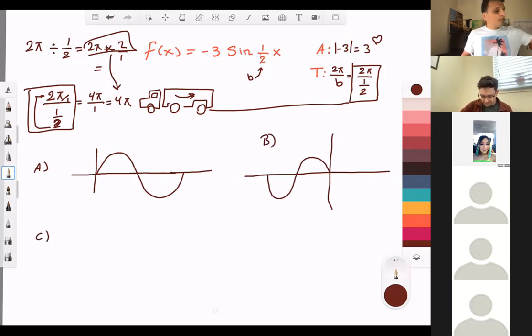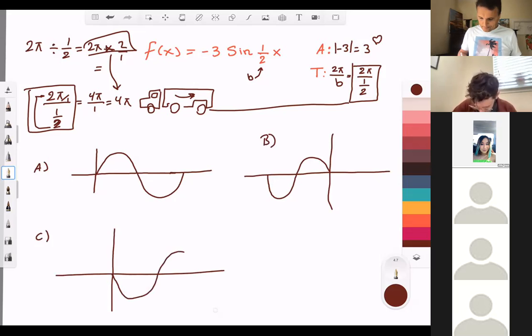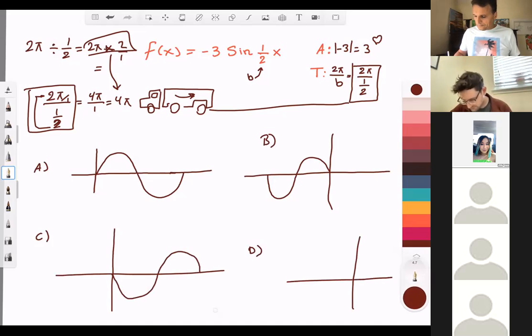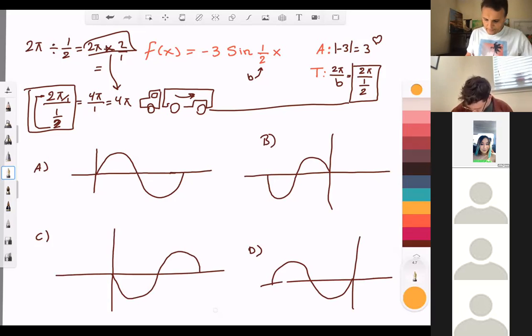That's B, C, so we have 3, -3, 3, -3, 3, -3, 3, -3, and the period we said 4 pi. So here we have 4 pi, we have 2 pi, 4 pi, 2 pi, 4 pi. All right, let's see who will answer this.